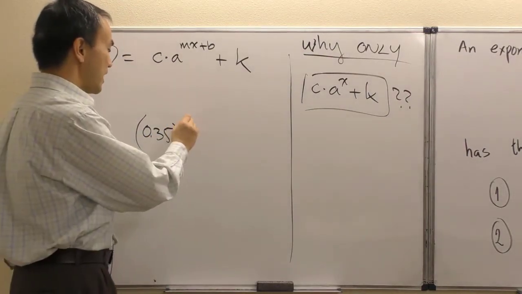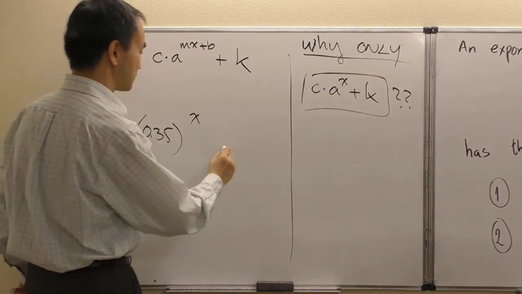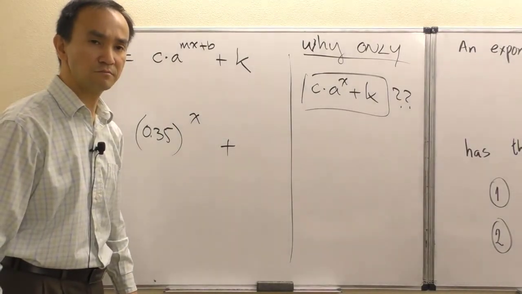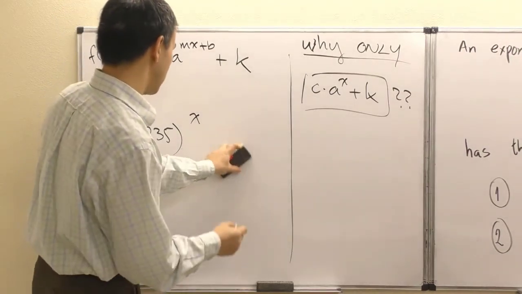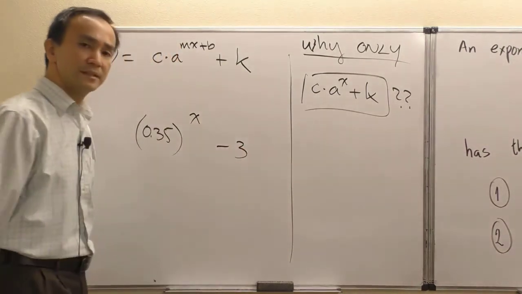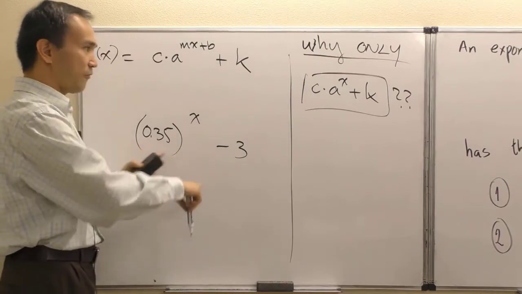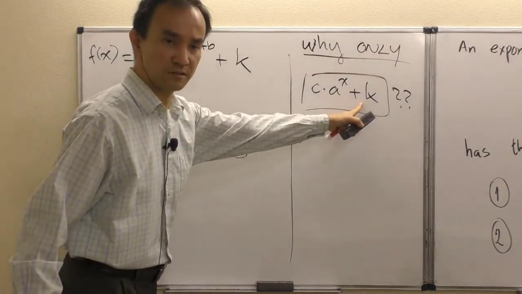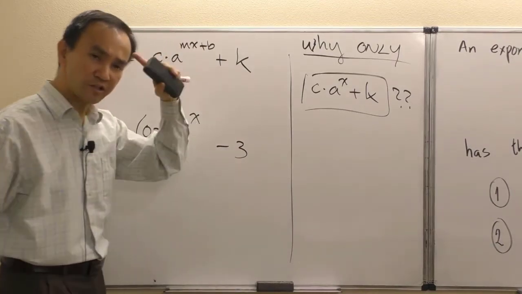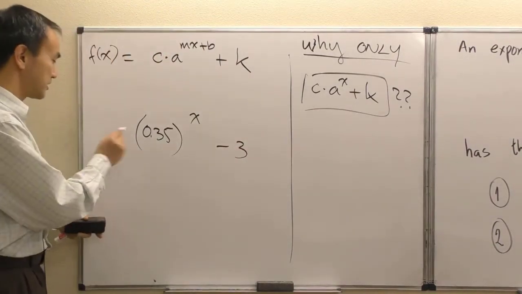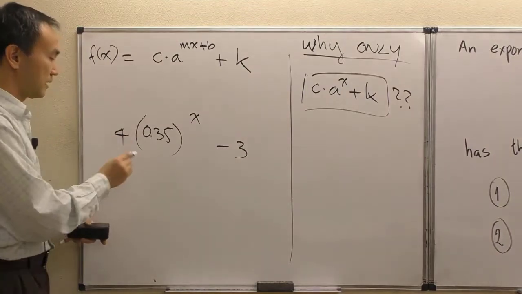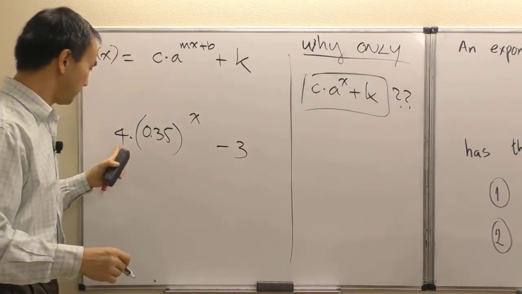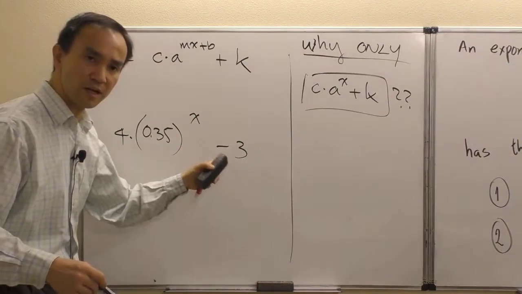I'm going to raise this to the x, and then how about a negative number, minus 3, so we have a to the x plus negative 3. And my mind just now tells me how about a constant positive 4. Now it's c times the ordinary function, c times a to the x plus negative 3.